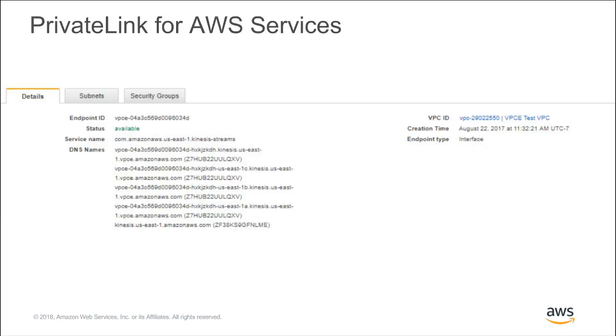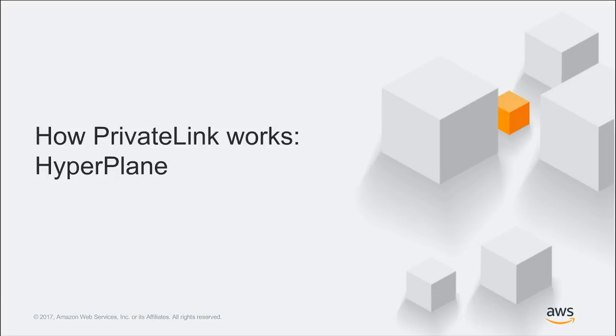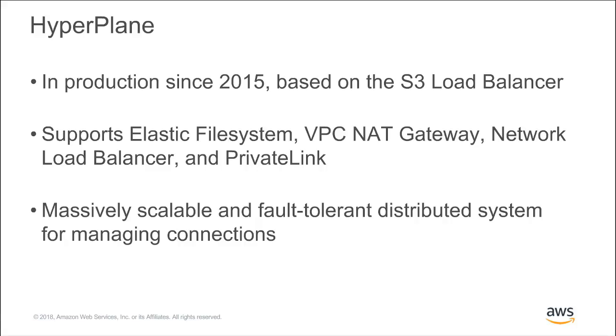And so before we get into the more complicated case of how PrivateLink works if you want to vend services like this, it's worth getting a little into Hyperplane, which is the technology that underlies PrivateLink and makes it all work. Hyperplane is a system that we've had in production since 2015, which is based on the S3 load balancer, which preceded it by quite a few years.